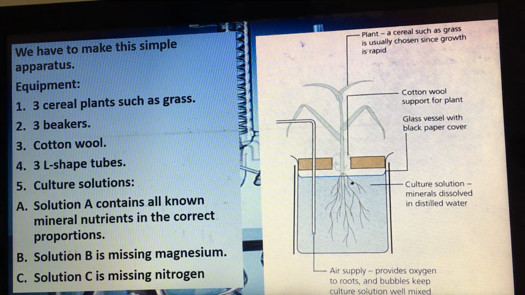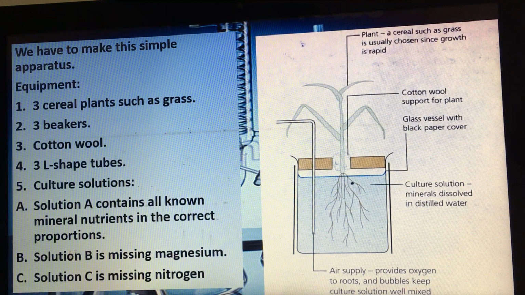And we need 3 cereal plants, such as grass, 3 beakers, cotton wool, and culture solutions. Actually, we need 3 culture solutions. The first, solution A, contains all the nutrients in the correct proportions. Solution B is missing magnesium, and solution C is missing nitrogen.